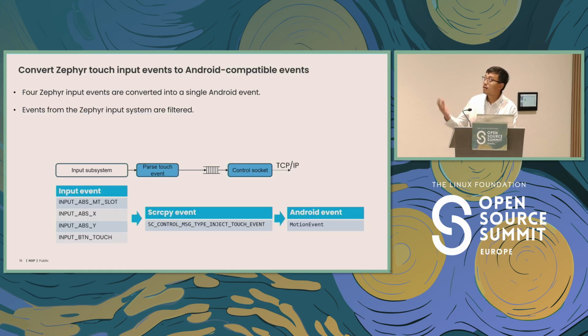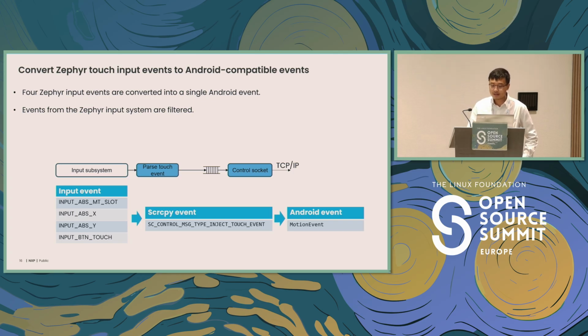Now I'll talk about how to convert the Zephyr touch input events into Android compatible events. With one touch from the input system, it will generate 4 events, as you can see on the screen.